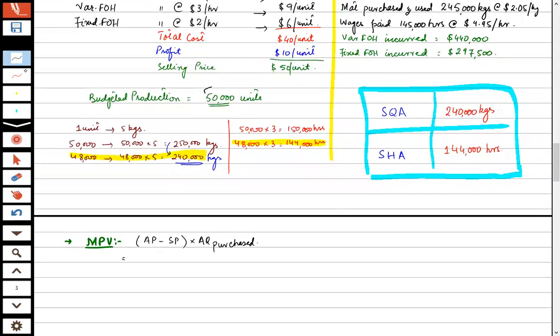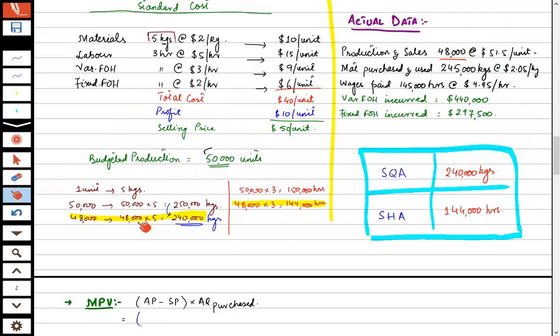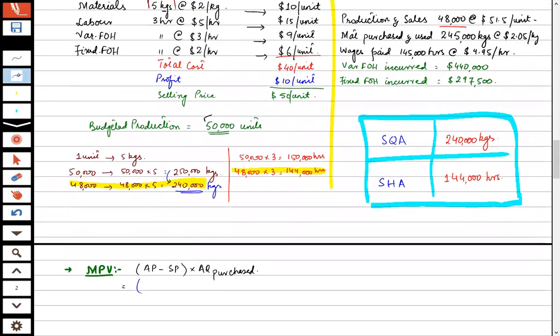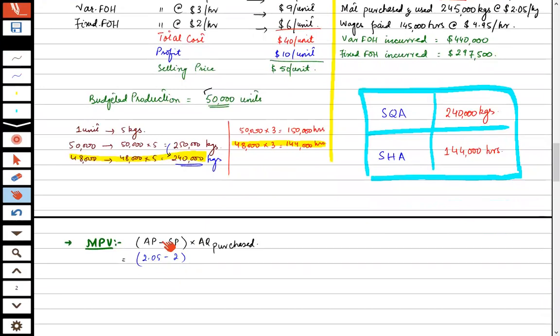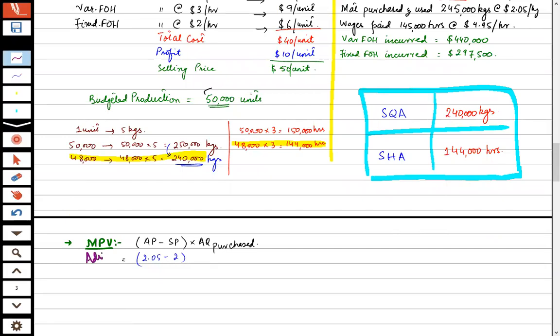So simply, if we calculate it, the actual price for material is 2.05 per kg and standard is 2. So 2.05 actual minus 2. Although there is a slight difference between the prices, the moment we see the actual price is greater than the standard price, we have established that this variance is going to be adverse.